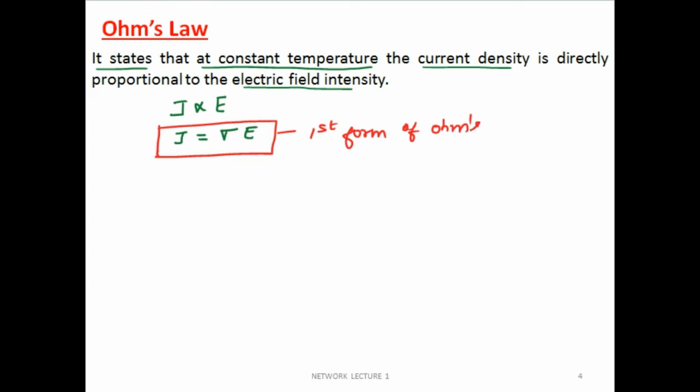Now, what is current density? Current density is current per unit area, conductivity is the reciprocal of resistivity, and electric field is voltage per unit length.